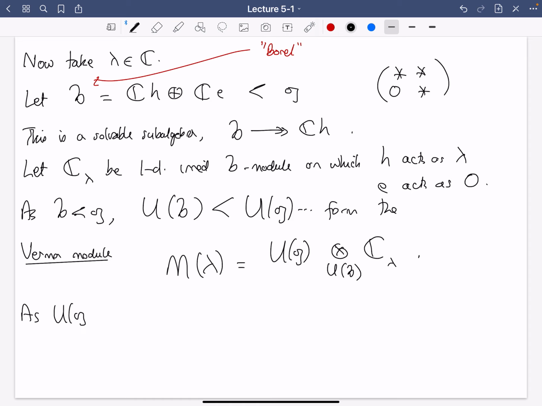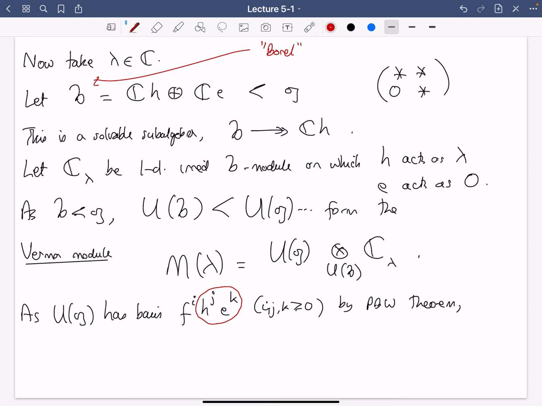So let's see if we can understand this thing. As U of G has basis f to the i, h to the j, e to the k, i, j, and k greater or equal to 0 by the PBW theorem, and those guys are a basis for the universal enveloping algebra of B sitting inside, you see that U of G is free as a right U of B module with basis just these f to the i's.